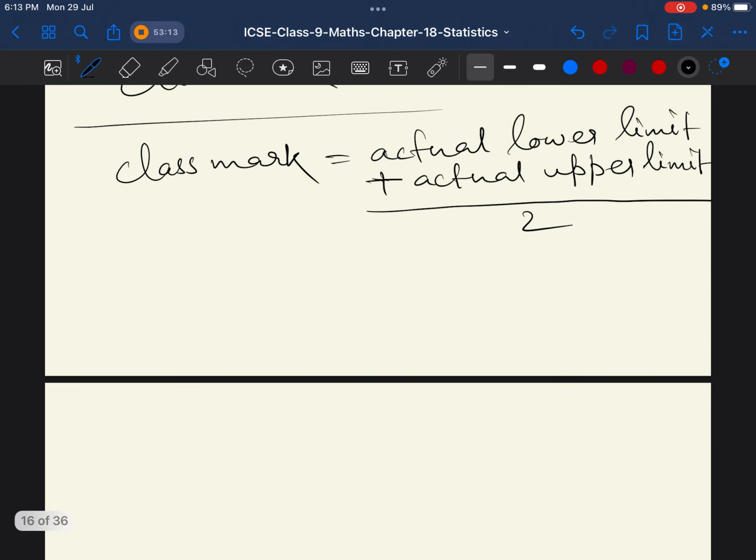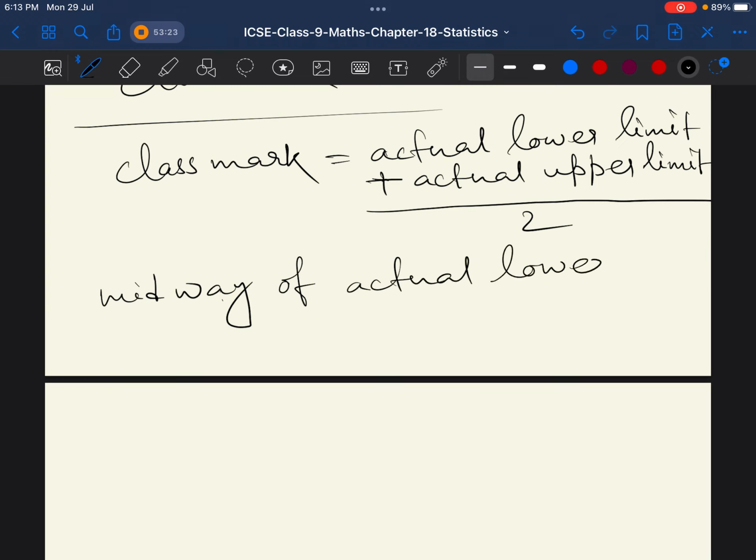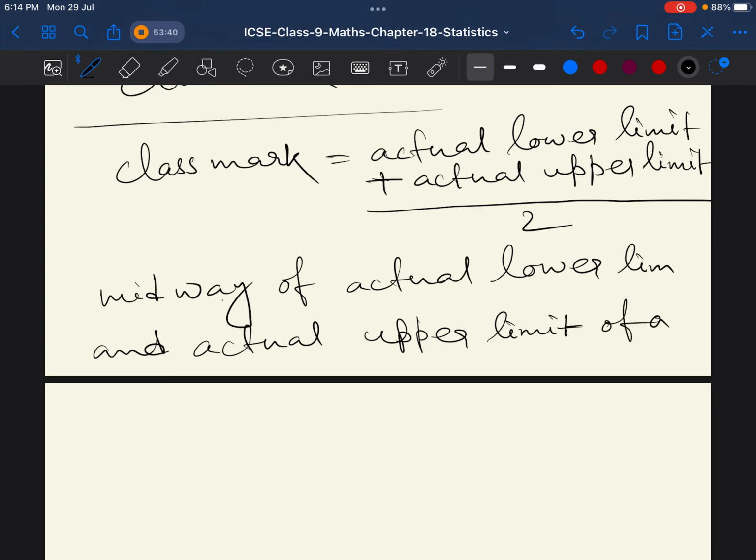This is the midway, meaning the midpoint of the actual lower limit and actual upper limit of a class interval.